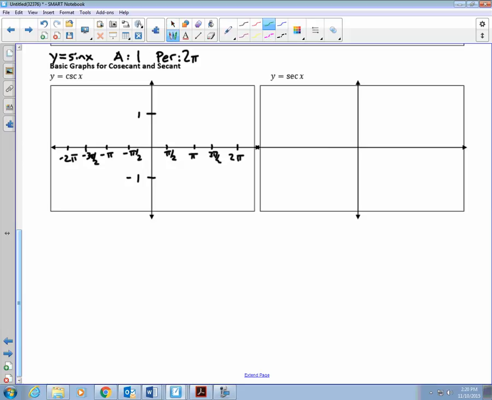Okay, so I've marked my amplitude and I've also marked my period. Tell me, where does sine start? Right at the middle, right at 0. Very good. And then am I going to start by going up or by going down?